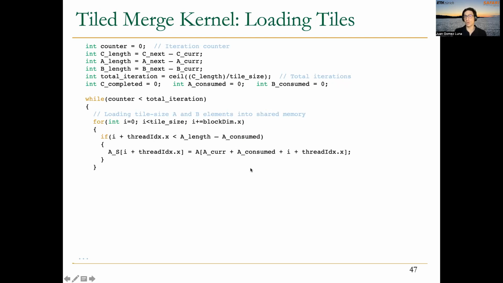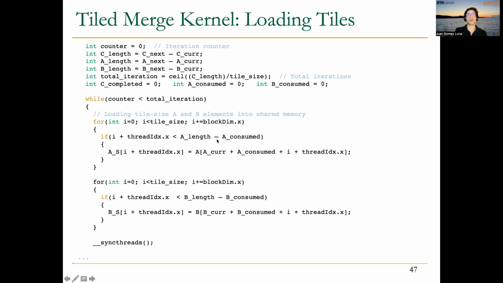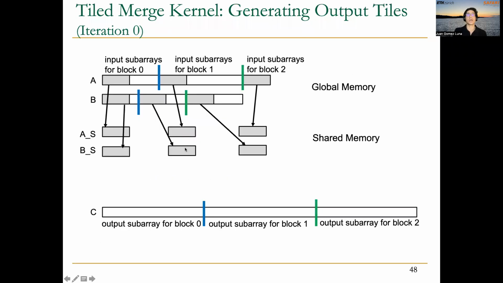And then we also have this A consumed that, after the successive iterations, is going to account for the part of the input A and the input B that has already been consumed. So this is for array A and this is for array B.